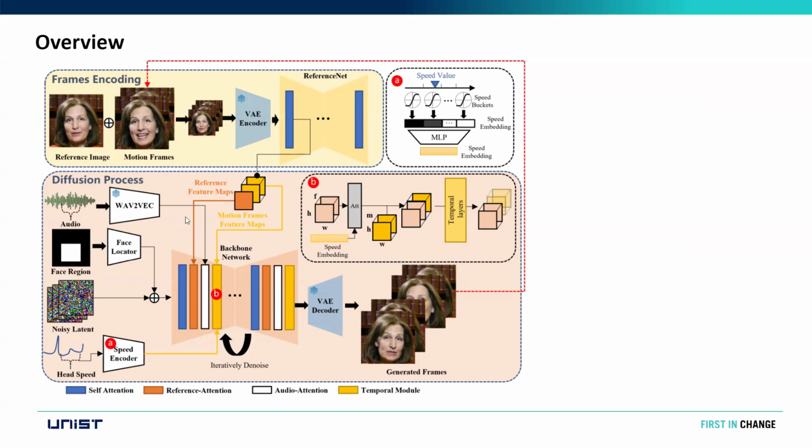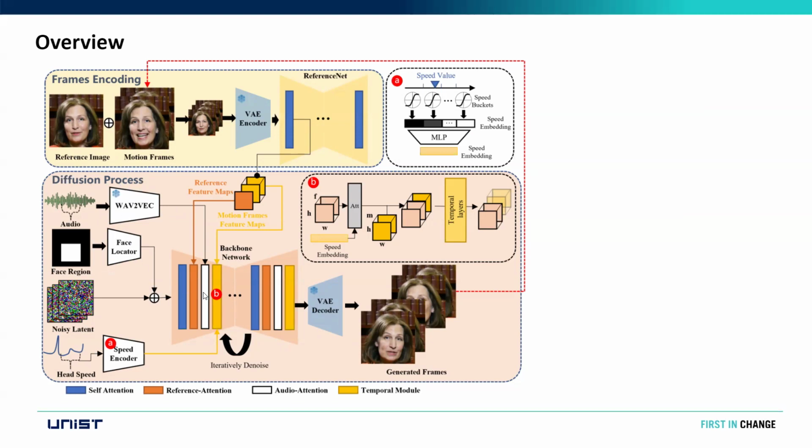Then we have audio features. They use wav2vec, the famous audio to vector encoder, and I think this is state of the art. So they just used this model frozen, with pretrained weights.